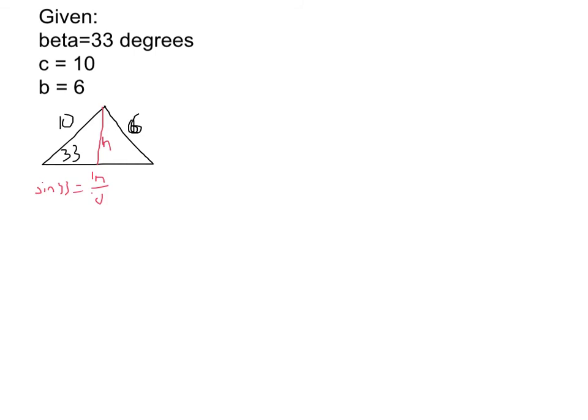Multiply sine of 33 by 10, and we get an h height of about 5.446, which tells me I've got two triangles because A is bigger than the height. And so that means the height, if I had the 6 over here, it would work, or I could rotate that over and it would hit again here. So my height is less than A, so I now have two triangles.